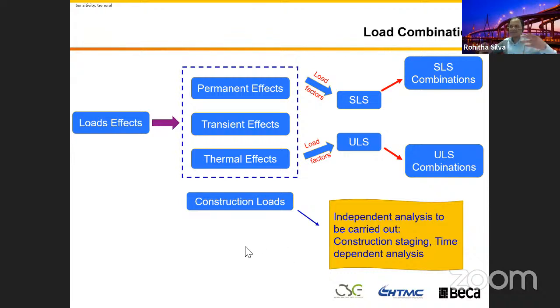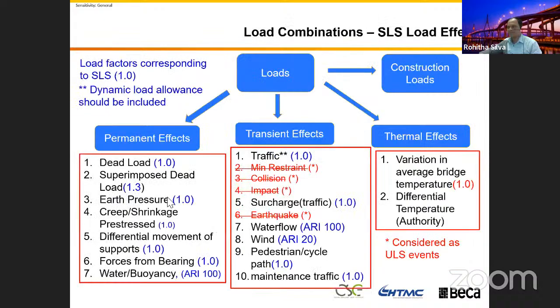In addition to that, I forgot to mention, when we were working on bridge designs, we talked about the dynamic amplification requirement. In the Eurocode it is already included, but in other codes like the Australian standard, AASHTO and the Canadian standard, you need to multiply your model using the dynamic load allowance, or dynamic magnification. Then I explained the original slide: the permanent effect, transient effect, and thermal effect, and how we're going to combine them together in our SLS serviceability limit state.